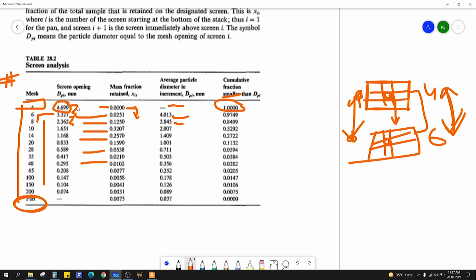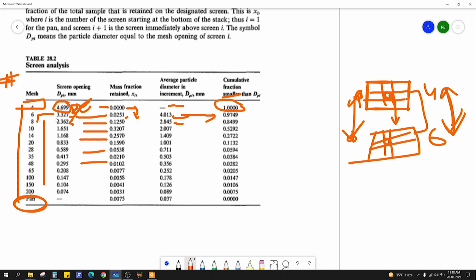So the mass fraction which is smaller than this opening is 1, right? All the particles have passed through this size. So the cumulative mass fraction smaller than dpi will be 1, because none of the particles are retained on this mesh. And what about mesh 6? In mesh 6 we have retained some fraction, right? 0.0251.